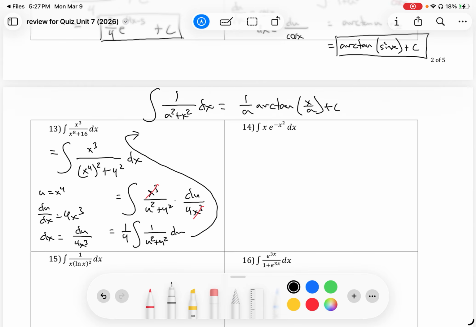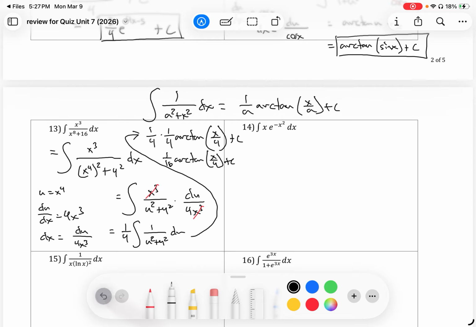Don't forget I have an extra 1/4 out front. So I'll keep my 1/4 out front, and a is also 4, so it'd be times 1/4 arctangent of x over 4 plus c, or 1/16 arctangent of x over 4 plus c.